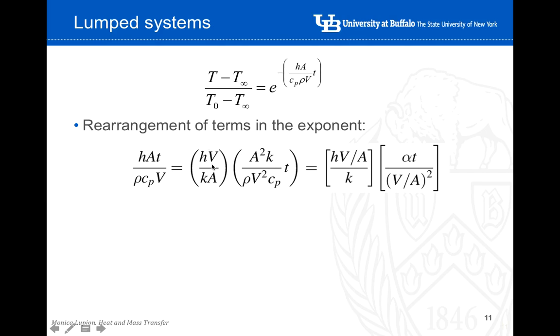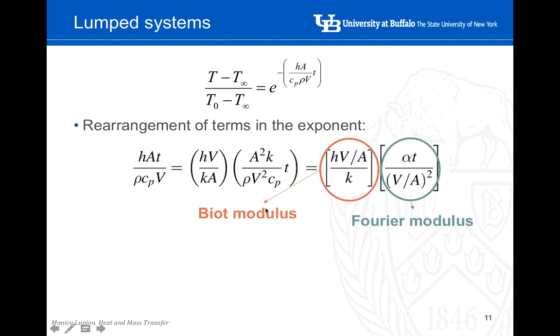So we rearrange the exponent. We can define these variables here as the Biot modulus, and this one related to the thermal diffusivity is defined as the Fourier modulus.